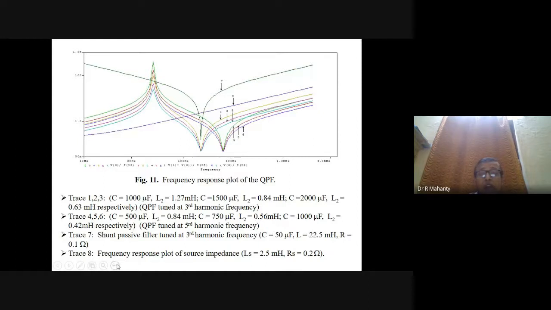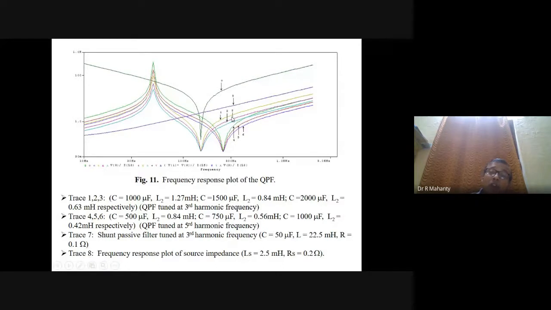Okay, and this is the frequency response plot of the source impedance for an LS value of 2.5 millihenry and RS value of this. So you see here, as you go on increasing the value of the capacitance, it is ultimately providing you a better filtering effect.